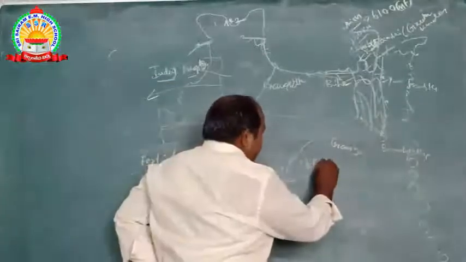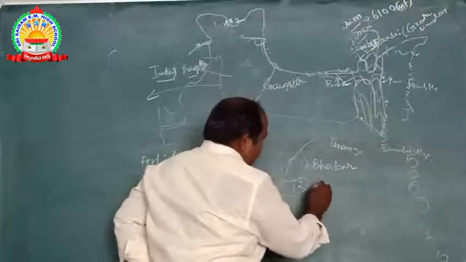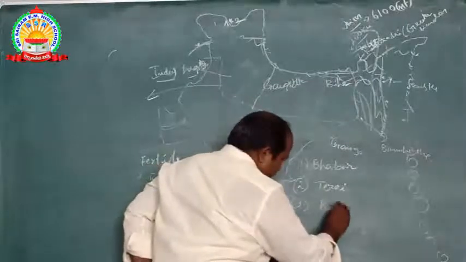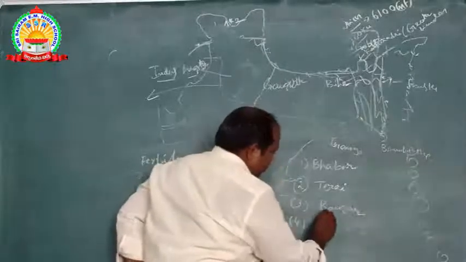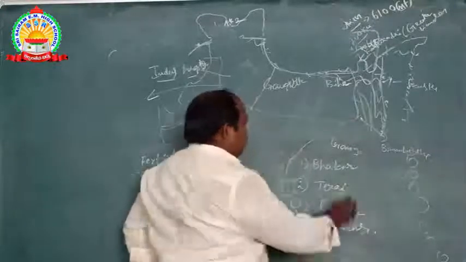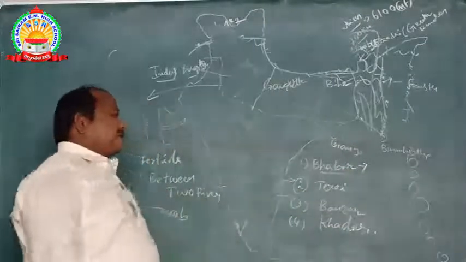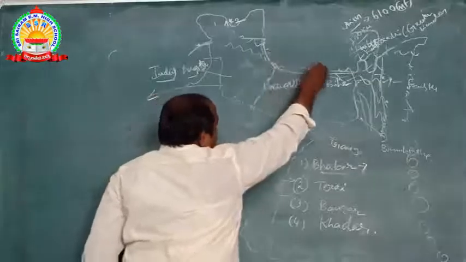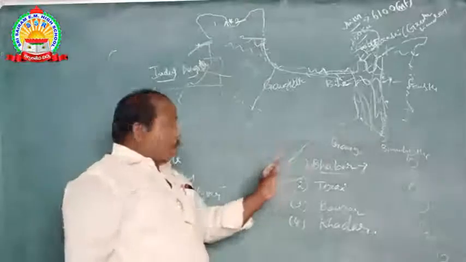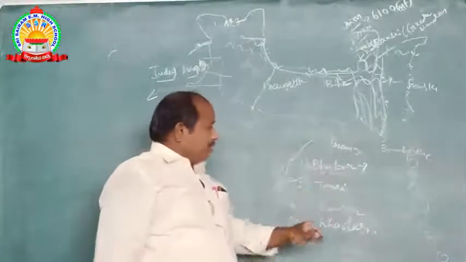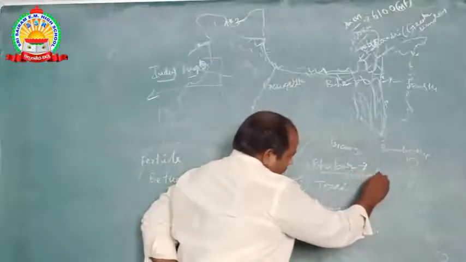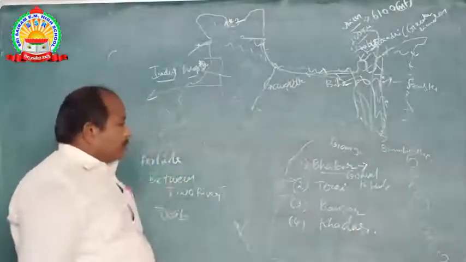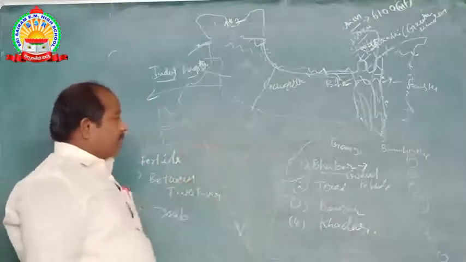The first one is Babar, the second is Terai, the third is Bangar, and the fourth is Khadar. Babar is a gravel, pebble-studded area south of the Shivaliks, about 8 to 16 kilometers wide.